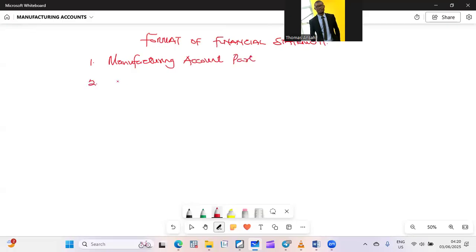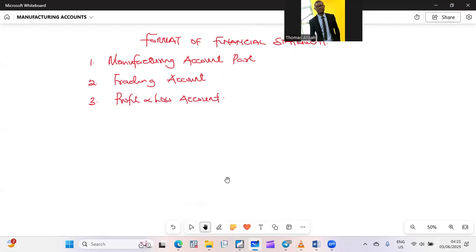Then the second part is the trading account, which you know how to do from last semester. The third part is the profit and loss account. So the format embodies these entire parts. So let's see how it works so that you will see it.